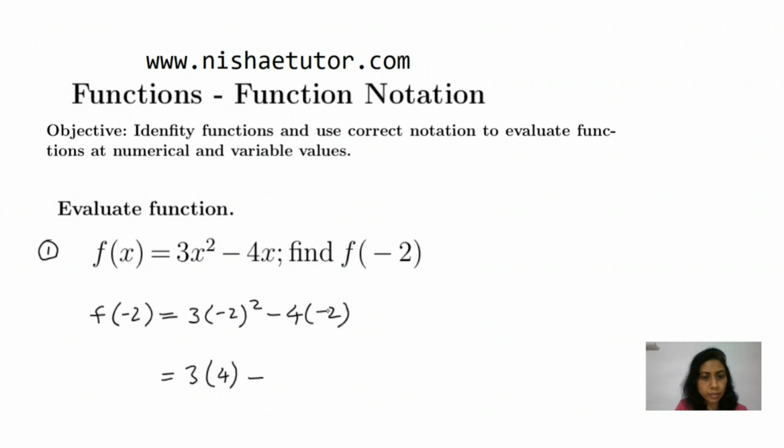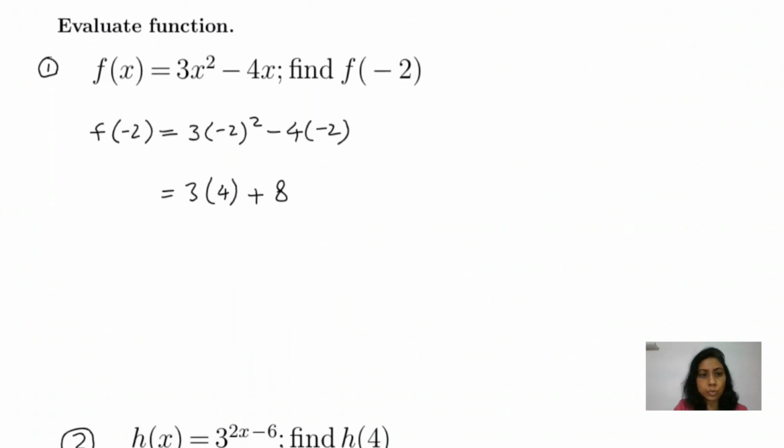And minus multiplied with minus is plus, 4 times 2, 8. And 3 times 4 is 12, plus 8. 12 plus 8 is 20. So you can observe here we are solving just like the PEMDAS rule.